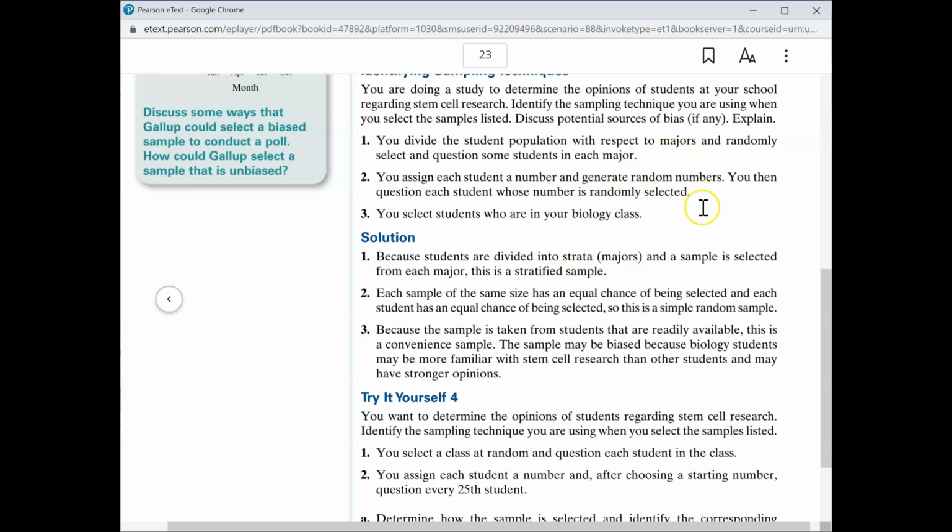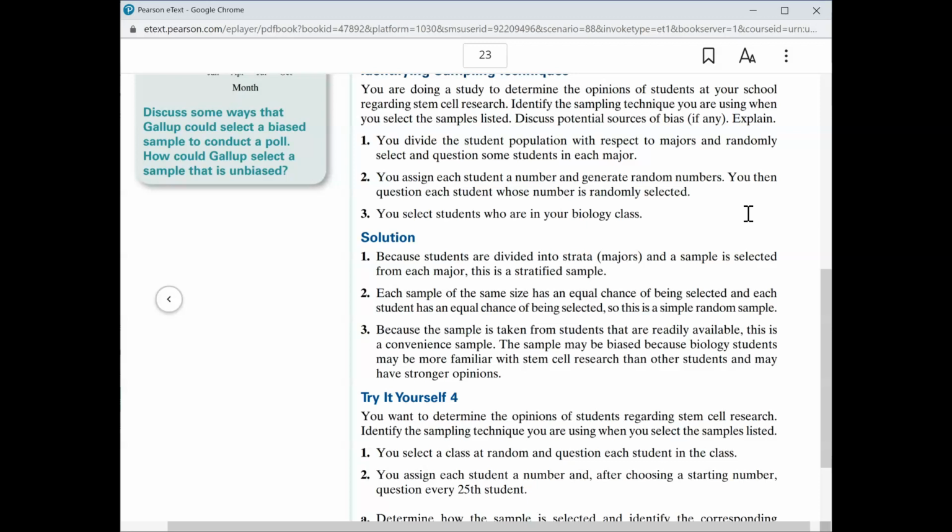The bias that could happen there is, if you do it by major, let's say you're asking these people, do you like math? And you do it according to major. And you're asking the art majors, or the music majors, or the English majors, or whatever, or the math majors. You're not going to get an unbiased sample. The math majors are mostly going to say yes. A lot of the art majors are going to say no. So that would not be a good way to do that, depending on the survey.